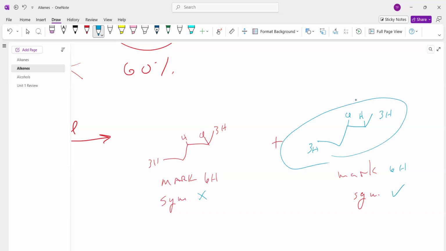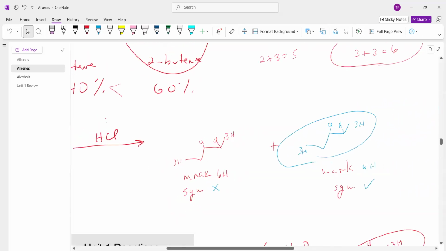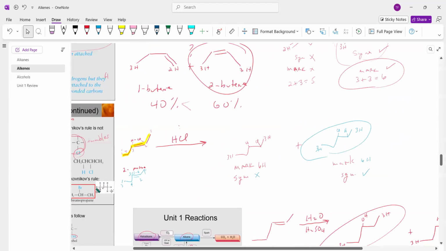So that's why we have to do 2 tests, Markovnikov rule and symmetry. Because Markovnikov doesn't tell us anything. They're both terminal carbons, both have 3 hydrogens. So now we have to name them. This is going to be 2-pentene.